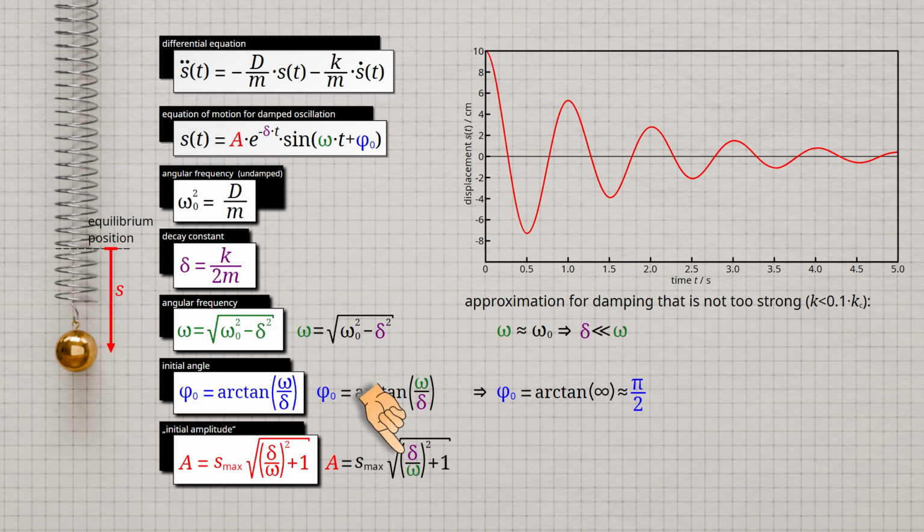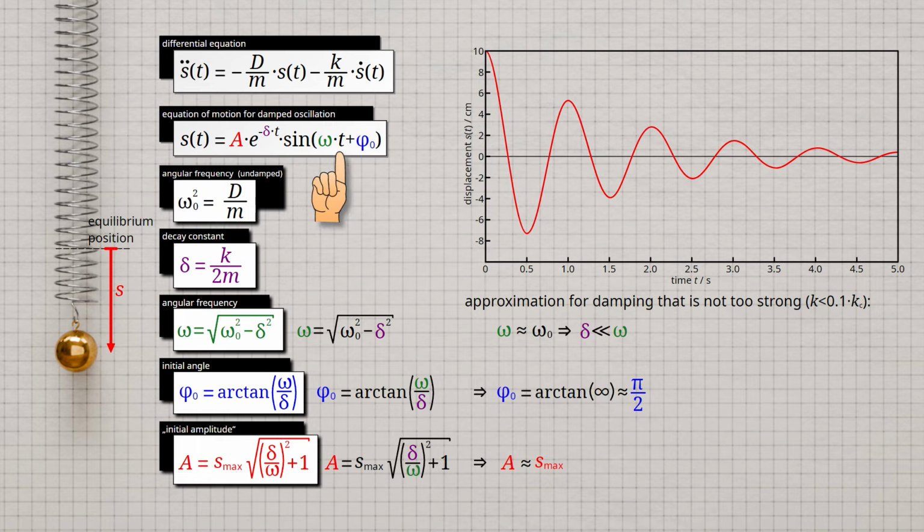If delta is much smaller than omega, the quotient in the corresponding expression becomes very small. After squaring, the value becomes extremely small and approaches 0 in the limit. Under the square root, the value then becomes 1, so that the initial amplitude A corresponds to the initial maximum displacement Smax. These approximate values can now be substituted into the original equation of motion.